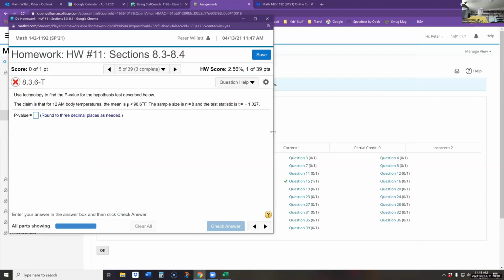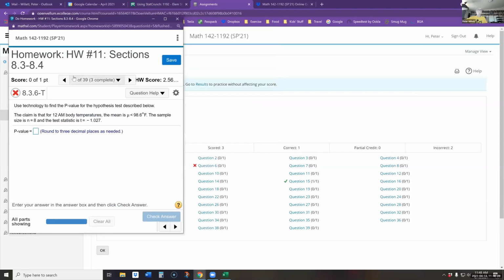Okay, so I'm now looking at a problem from our homework for this week, homework number 11 on sections 8.3 and 8.4, and this is from 8.3, problem number 5 out of 39. It says, use technology to find the p-value for the hypothesis test described below.